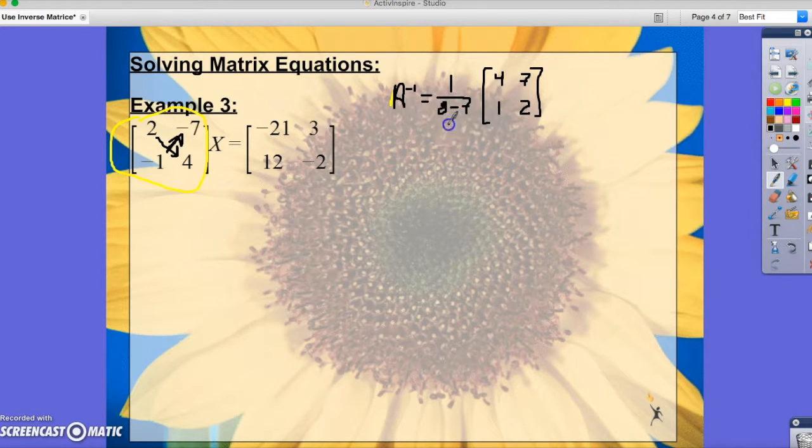And if you realize this is really what, 1 over 1? Are you guys okay with me not rewriting it? Because it's sort of a waste of time, right? If this is 1 over 1 here, 8 minus 7, we would distribute the 1 to everything. So my identity matrix is 4, 7, 1, 2. Or excuse me, I should say inverse matrix.